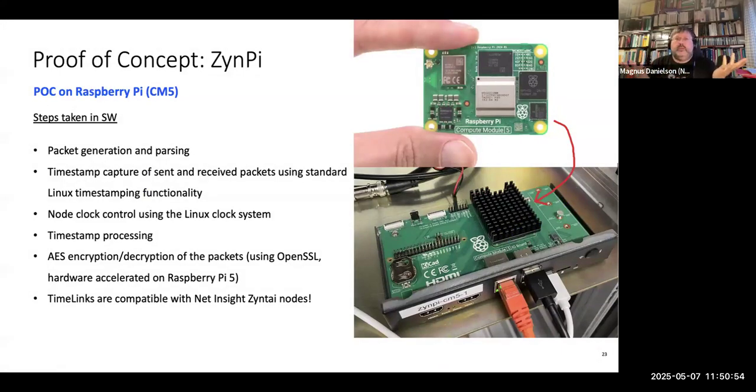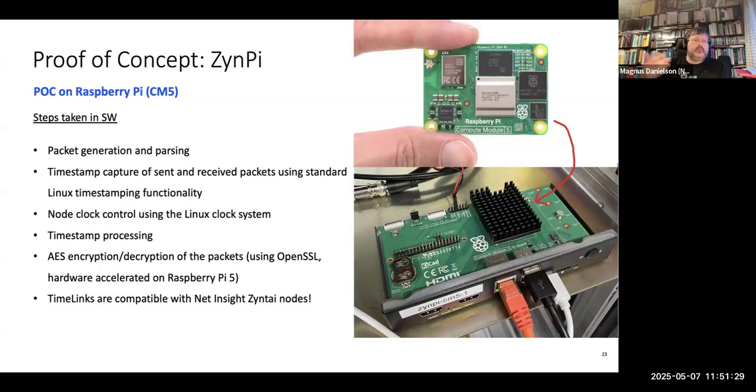We call our product SynPi, but here we call it for fun SynPi. We took standard Raspberry Pi 5s, and we did the packet generation and parsing. We set up timestamping captures that were sent using the normal Linux timestamping functionality, just using what the hardware is able to do there, and grabbing that through the Linux system.